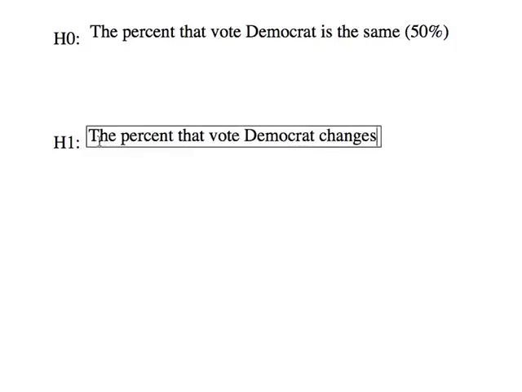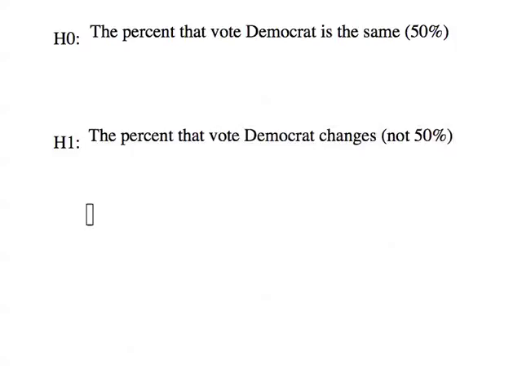Okay? In other words, it's not 50%. Don't know what it is, but it's not 50%. Okay? So notice in this particular case, the situation that you've got now is that you're not sure whether it's going to go down or whether it's going to go up. It could be one of two possible cases, right?